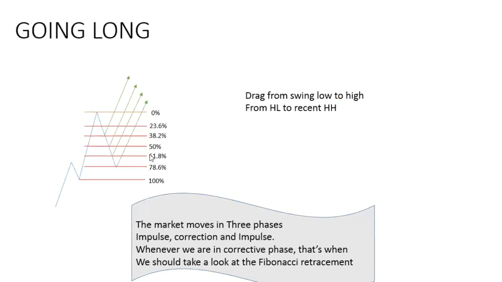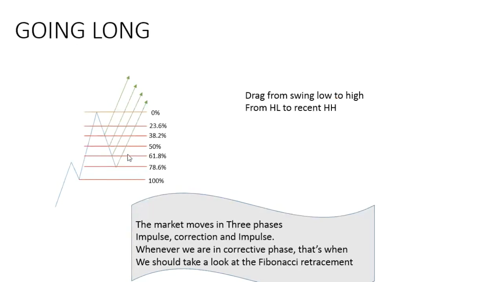Then all these levels are going to come up. You can see here will be 100% and here will be 0%, meaning that if price happens to come back down to here, it made a 100% retracement, and it shows that we can possibly experience a change in trend. But once price never came to the 100% and never broke the low, we're still in an uptrend.